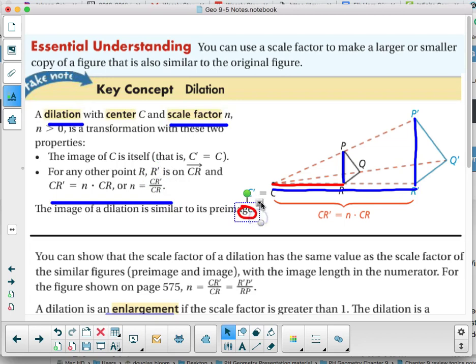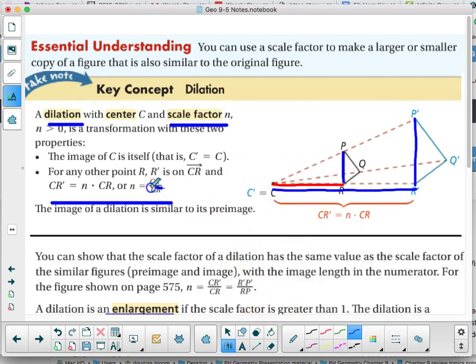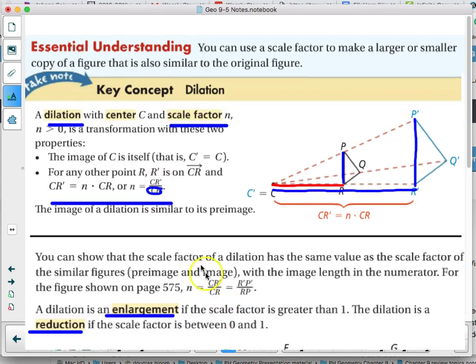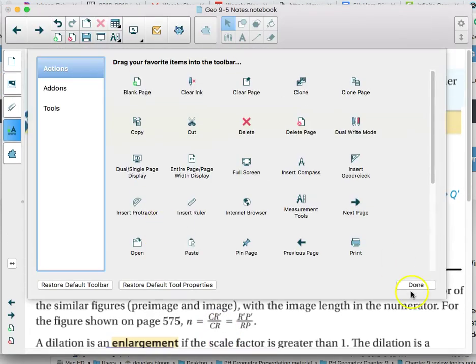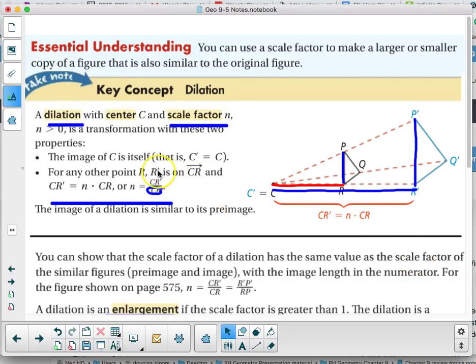I hate it when I lie. Let's do that over. If I take this value and put it on the bottom, that's red, good.